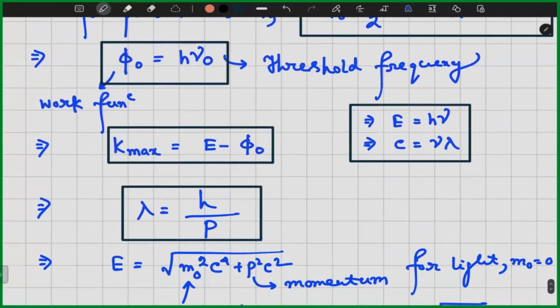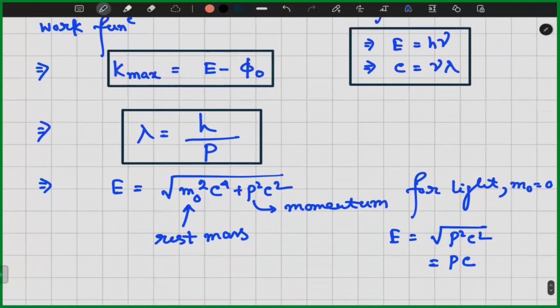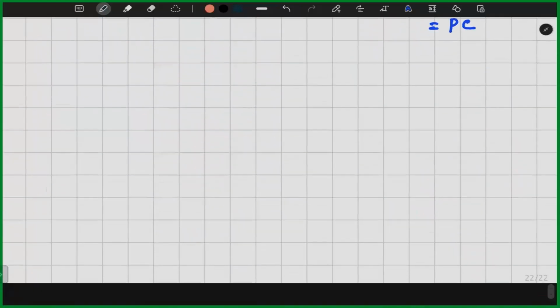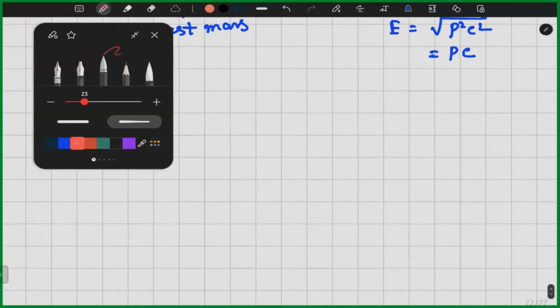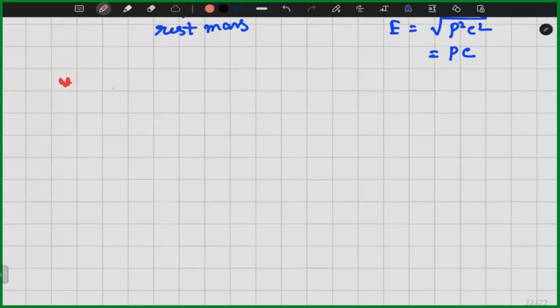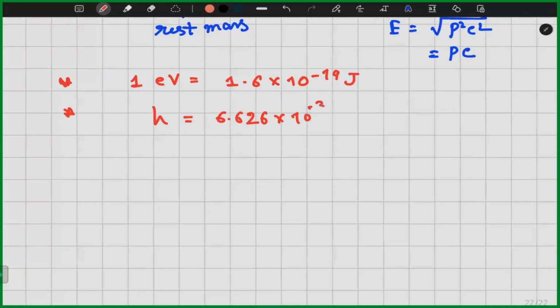Okay, I think nothing is left. And at last I'm just writing the important values. 1 electron volt is 1.6 into 10 to the power minus 19 joule. Value of h is 6.626 into 10 to the power minus 34 joule second.